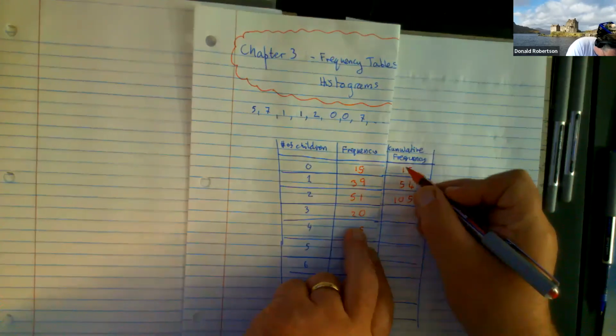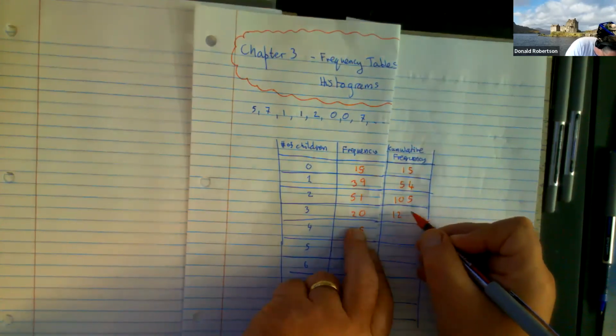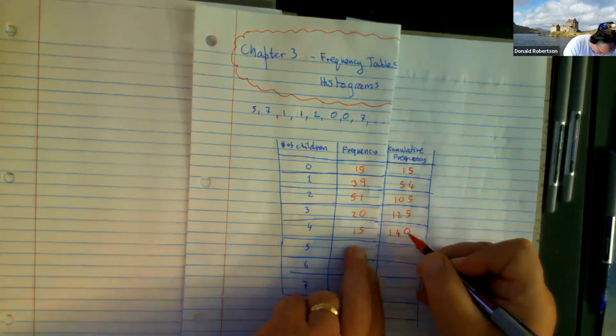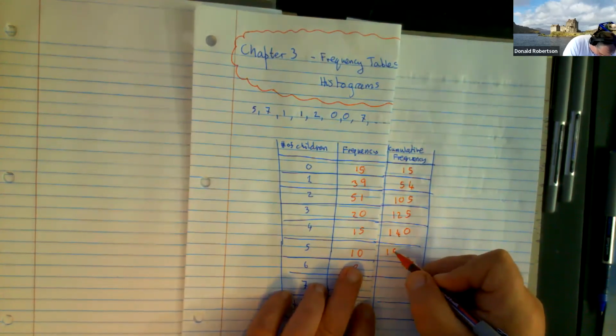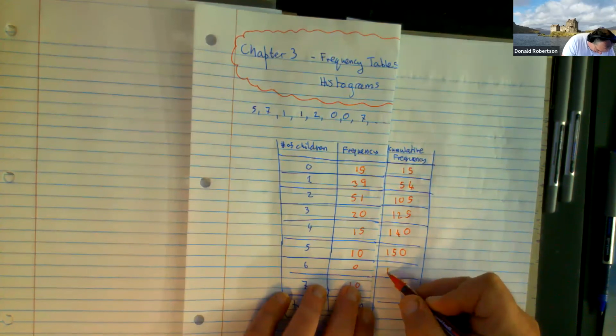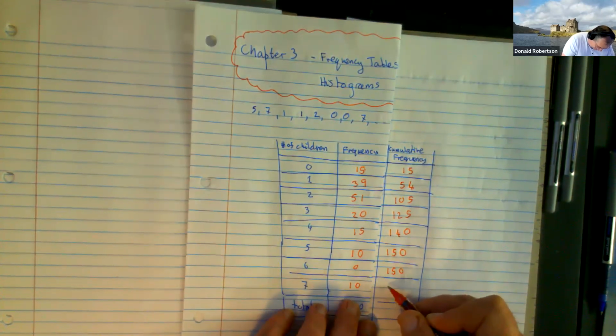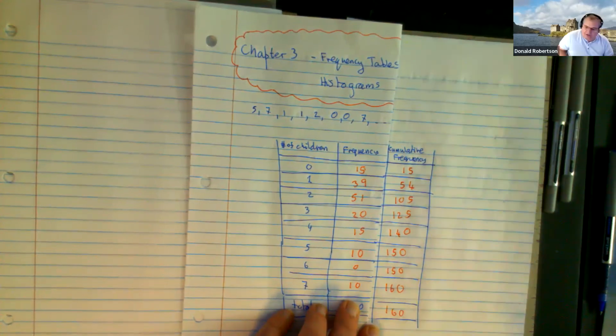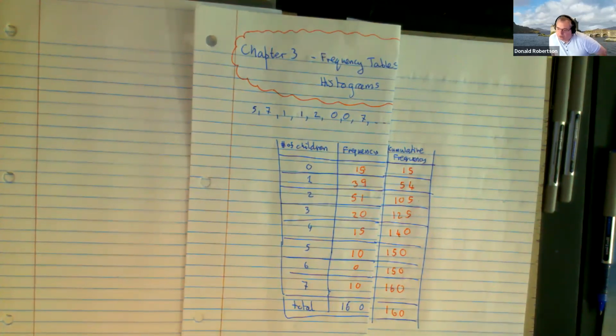The next one, you add all four together, you get 125. You add the next guy, you get 140. You add the next guy, you get 150. You add the next guy, it's still 150. And finally, you finish by adding all of them together and you get 160. Do you see how I created what was called the cumulative frequency?